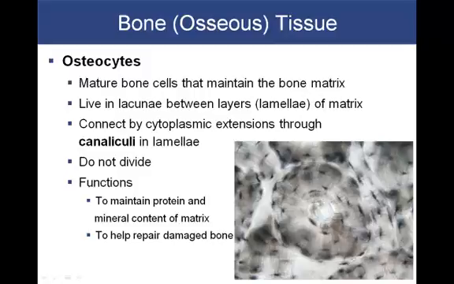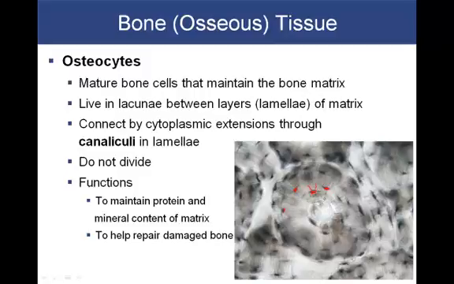Osteocytes do not divide. They are absolutely isolated within those lacunae. Here is a small lacuna. These are the little dark ovoid regions in this histology slide. And radiating from these lacunae are these canaliculi.